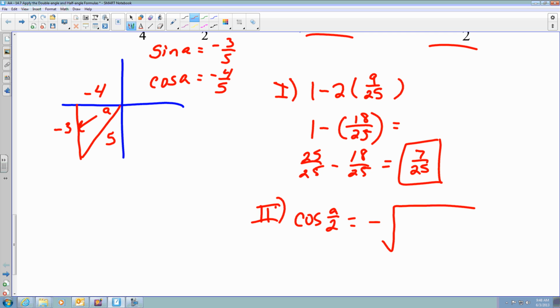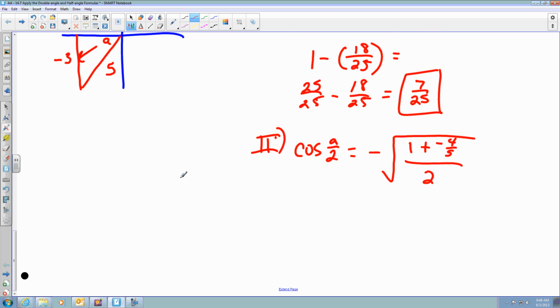Now I can put in this formula: 1 plus cosine of A, which is negative 4 over 5, all over 2.